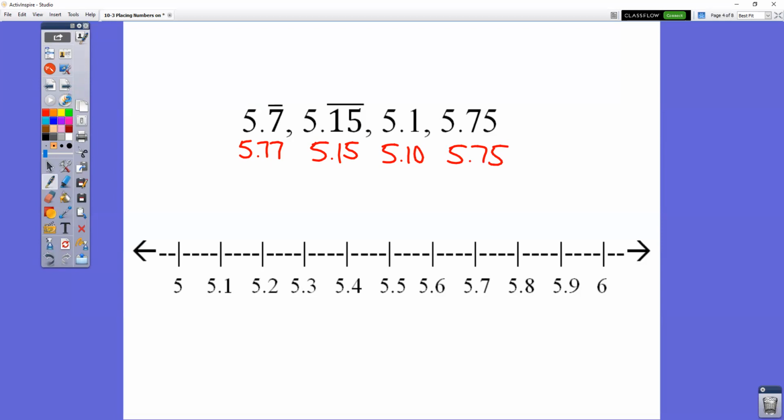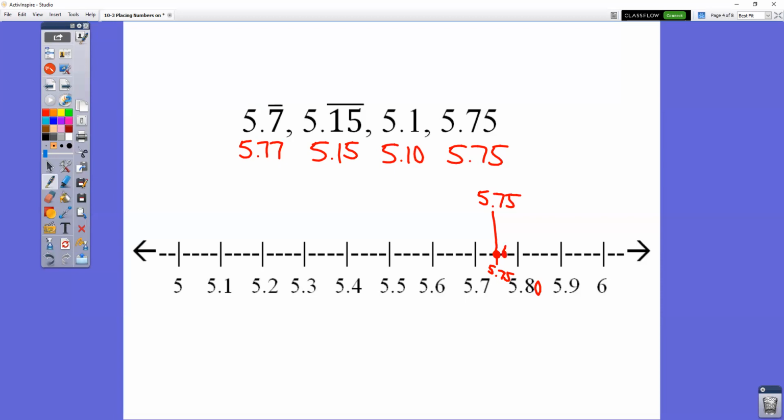So when you go to graph it, 5.77, 5.75, notice that our number line is counting by 0.1s. So 5.75 would be right here in the middle. Notice that that is one of my numbers, so I'm actually going to do that one first. 5.77 has to be in between 5.75 and 5.80, a little bit closer to the 5.75 than the 5.80.